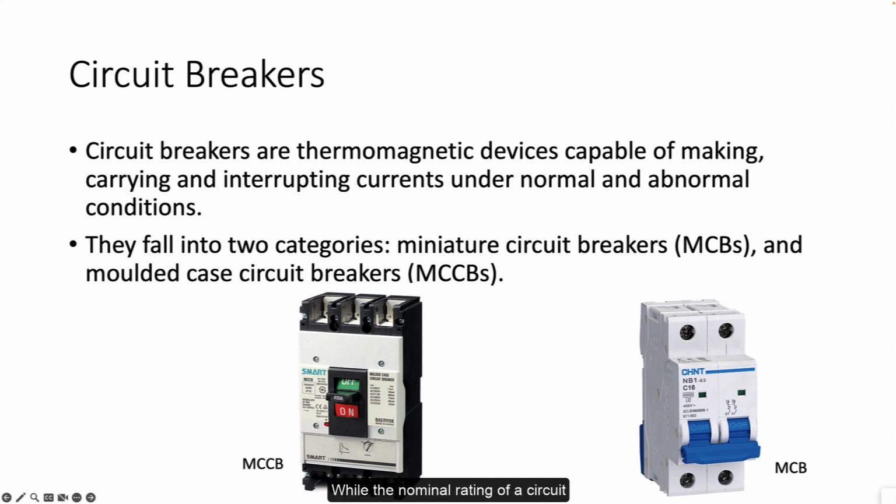While the nominal rating of a circuit breaker is specified for continuous service, cables can tolerate higher currents for short periods without suffering permanent damage. This ability to handle temporary overloads is known as the cable short-term current carrying capacity.